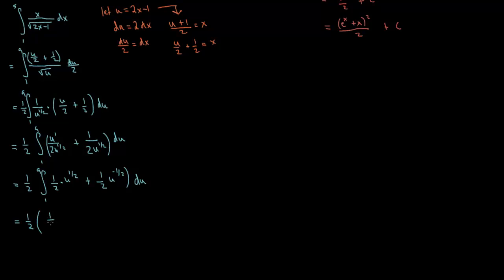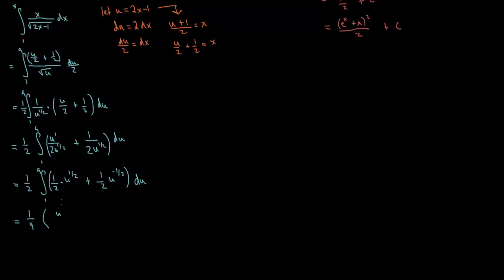Since we have a 1/2 here and a 1/2 here, we can factor out a 1/2 across the entire integrand. Oh, I forgot parentheses there. And if we factor out another 1/2, we'll have 1/2 times 1/2, which is 1/4. That'll make the antiderivatives a little less complicated. Now, what's the antiderivative of u to the 1/2?